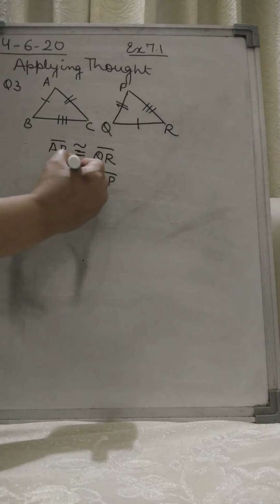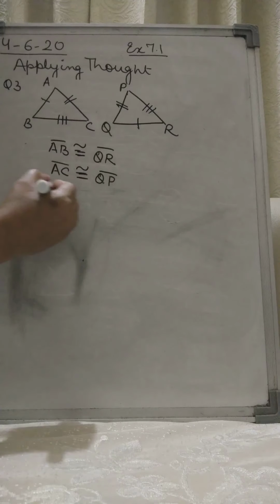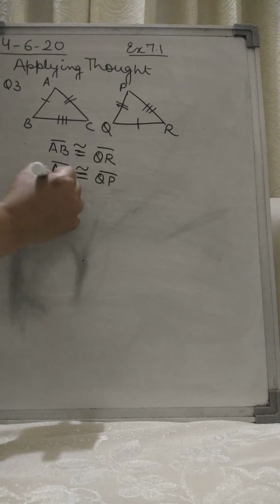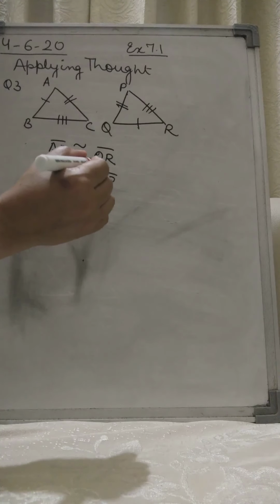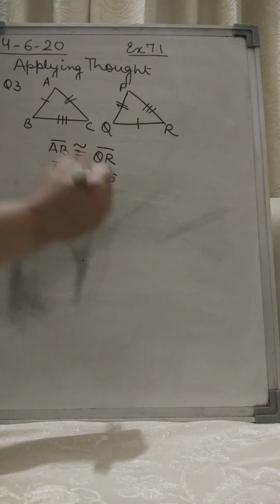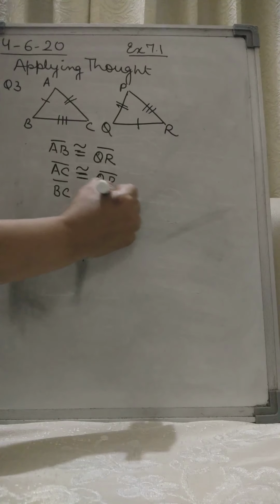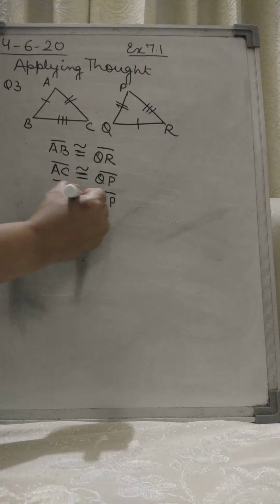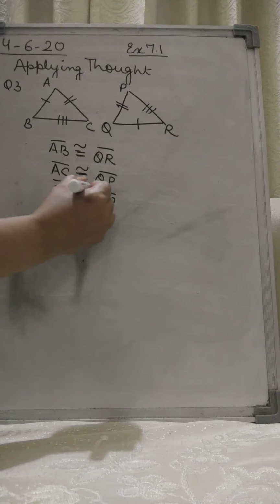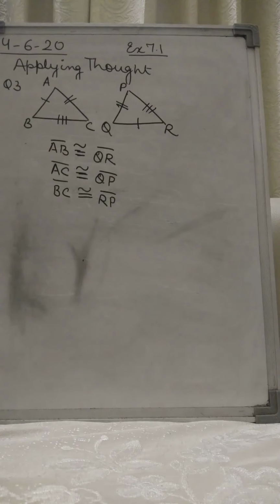Same reason, so they are congruent to each other. Then comes BC line segment, and here you have RP line segment. They are equal, that's why they'll coincide with each other, so they are congruent to each other.